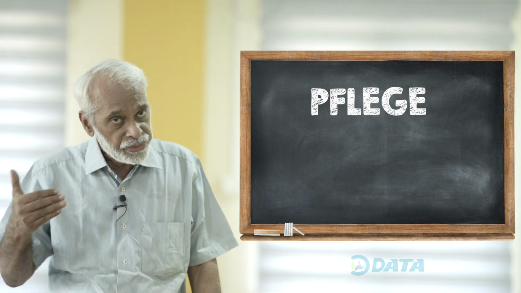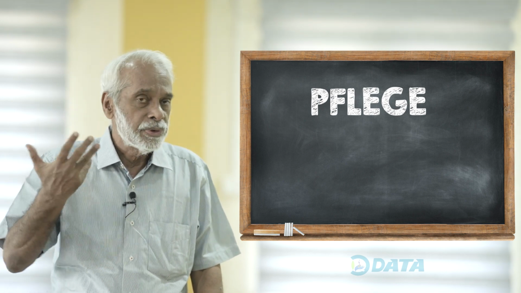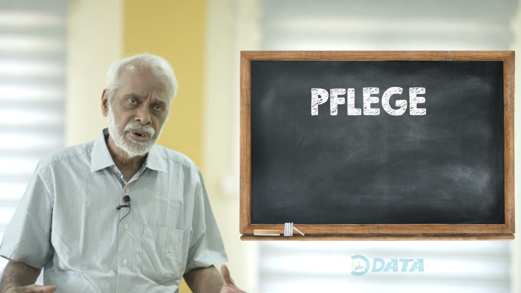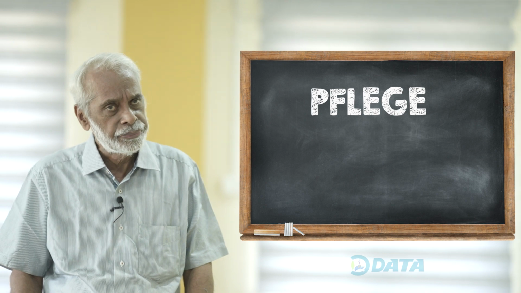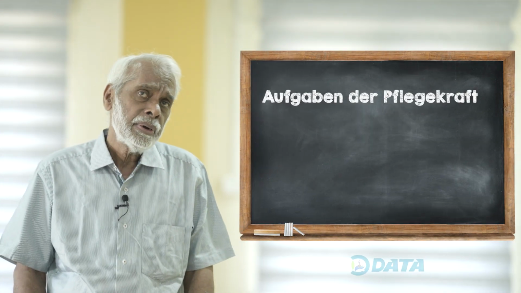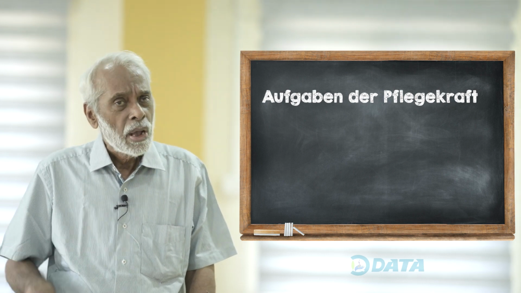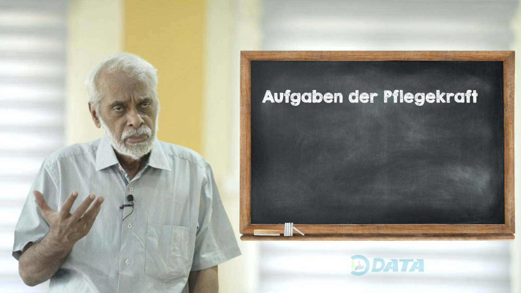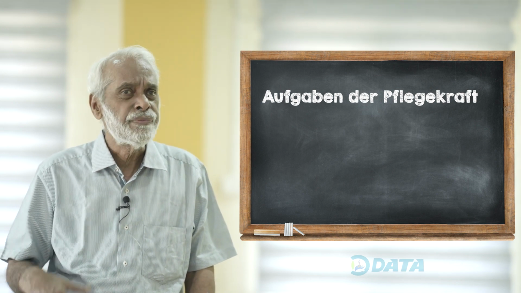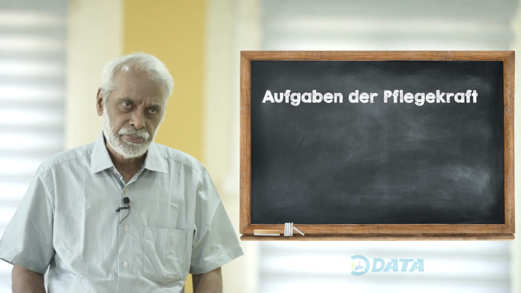It is with this intention in mind that we are going to deal with some of the basic vocabulary as far as nursing is concerned. Let's begin. Aufgaben der Pflegekraft. Aufgaben means the task, the job. Pflegekraft, nursing team.